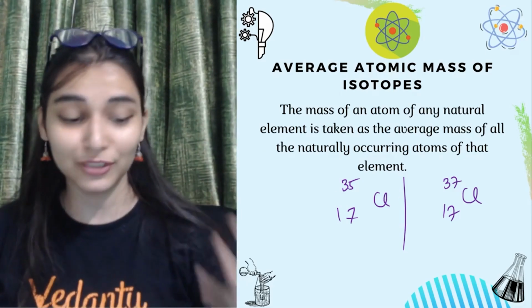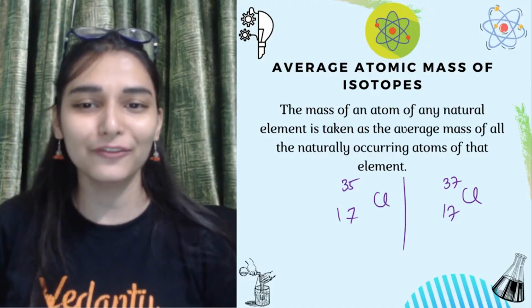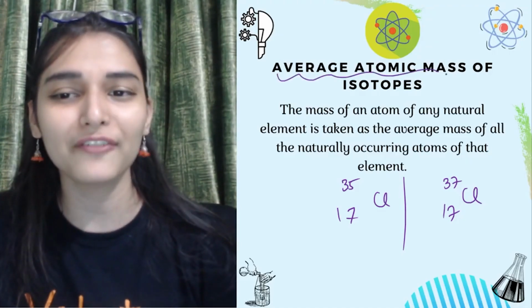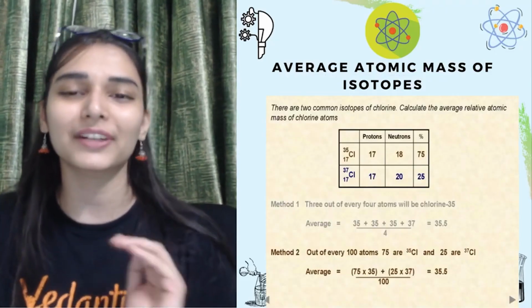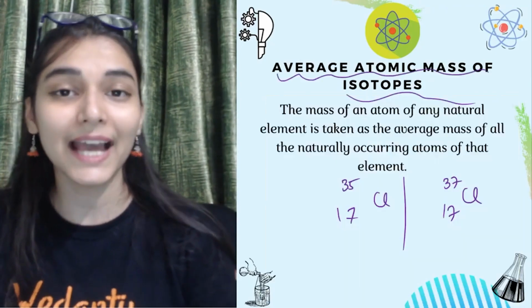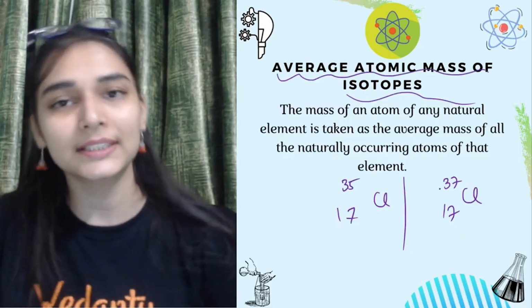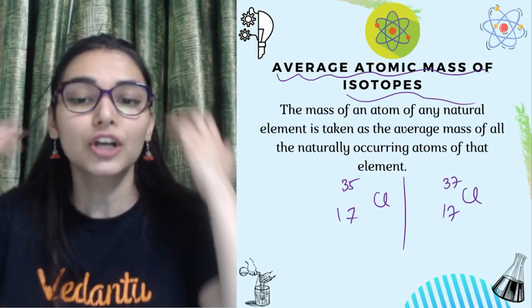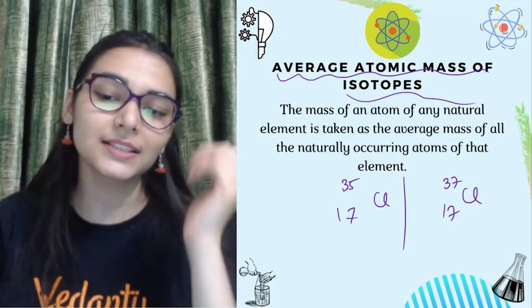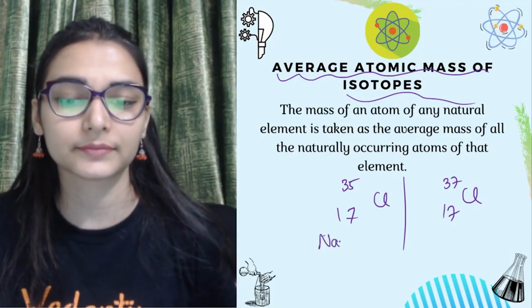So we have to have some common ground, and for that we introduce the topic of average atomic mass. So we have to take the average atomic mass. When I say average, that doesn't mean 35 plus 37 divided by 2. That would be the wrong way to take the average. So यहाँ पर एक point होता है, that is the natural abundance.